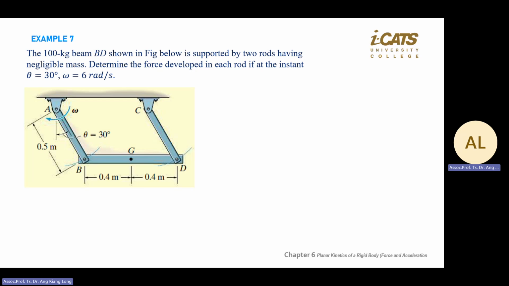The same applies for CD, just change the notation: this one is C_Y, C_X, and this one is F_CD. Once you know, you pull out the three equations: all the moments equal 0 at the center of gravity, and all the forces equal to M A_G, do it for X and for Y.